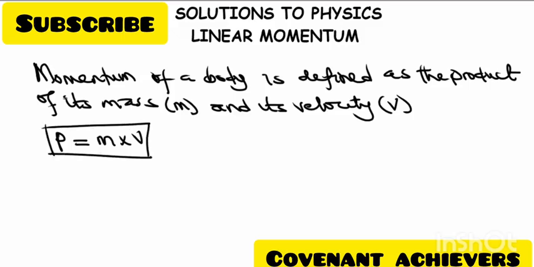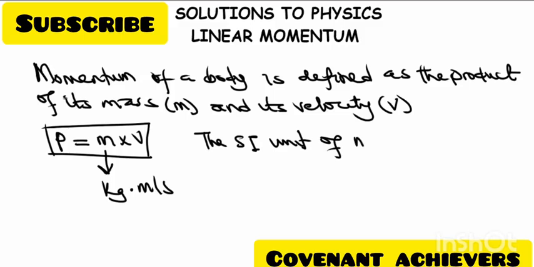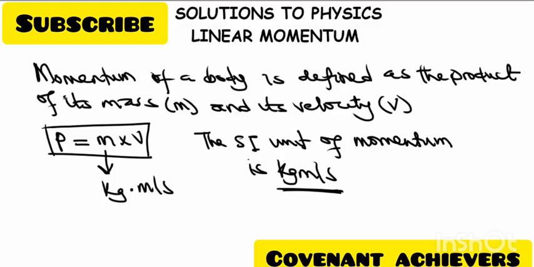From what we can see here, the unit of mass is kilogram, while the unit of velocity is meter per second. So the SI unit of momentum is kilogram meter per second.